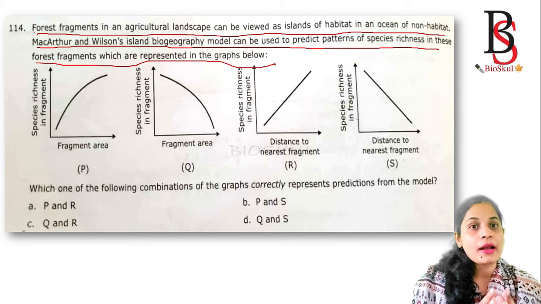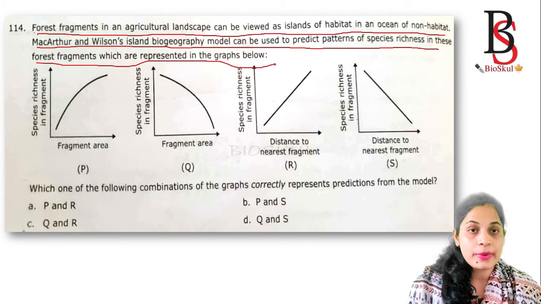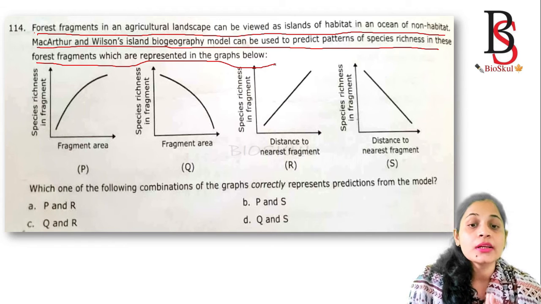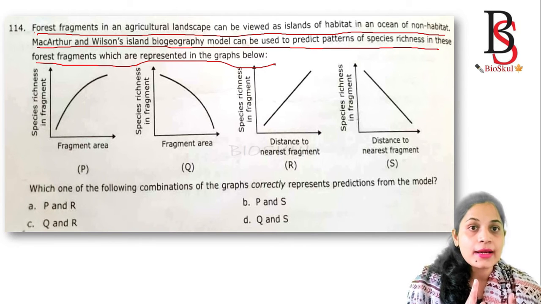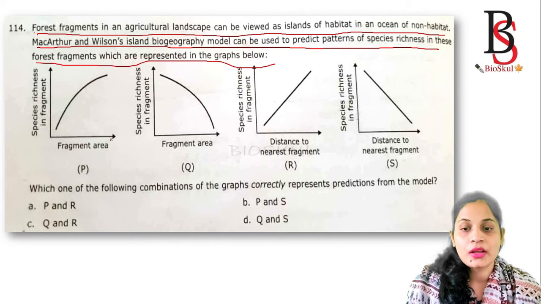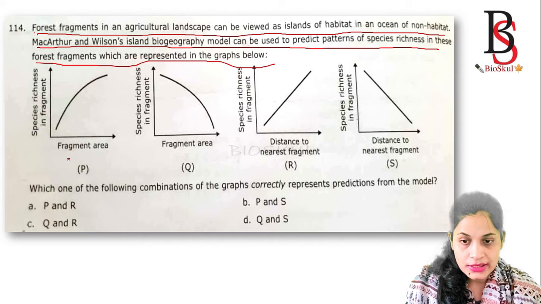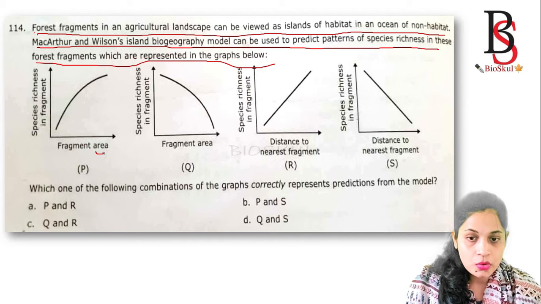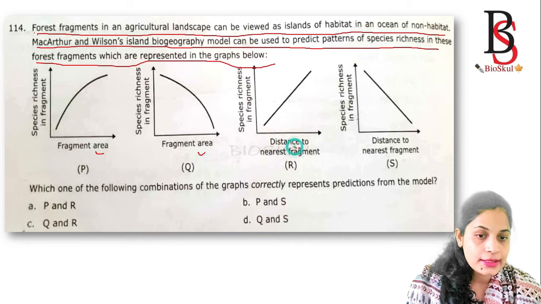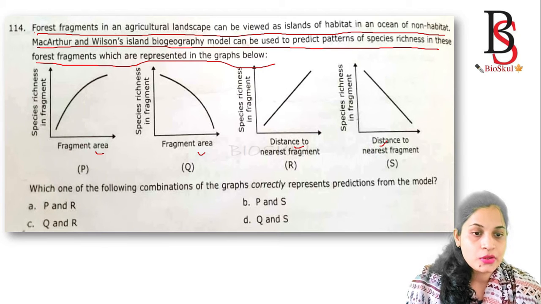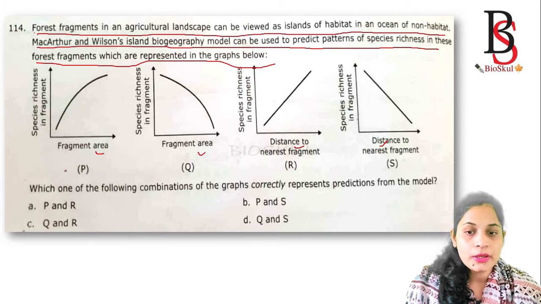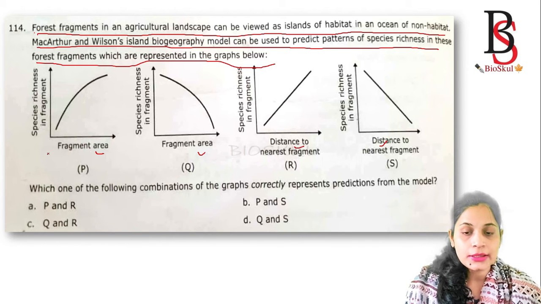The model depends on two factors: the area or size of the island, and the distance of the island from the mainland. In the graphs, P and Q represent the area, and R and S represent the distance. So the correct answer will be one from P and Q, and another from R and S. Let's see the graphs.